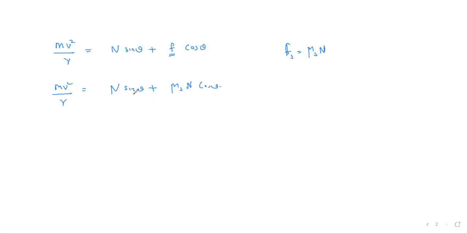So here also both terms contain n. So mv square by r equal to n into (sin theta plus mu s cos theta). So we know the value of n, right?